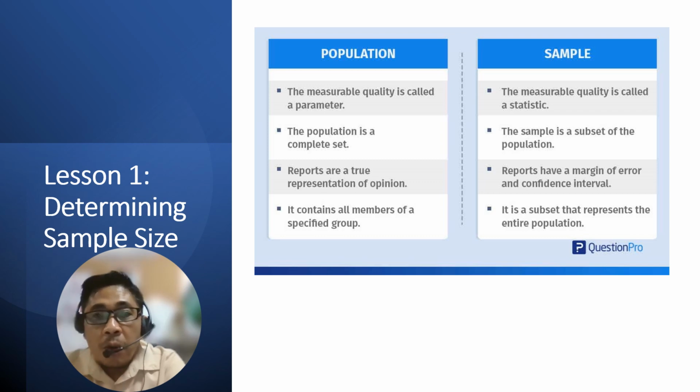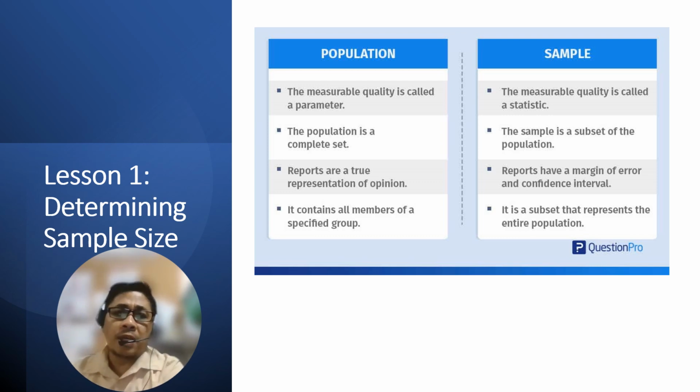The margin of error admits that there is a possible error in the identification. That's why we allot a margin of error, and it is a subset that represents the entire population.